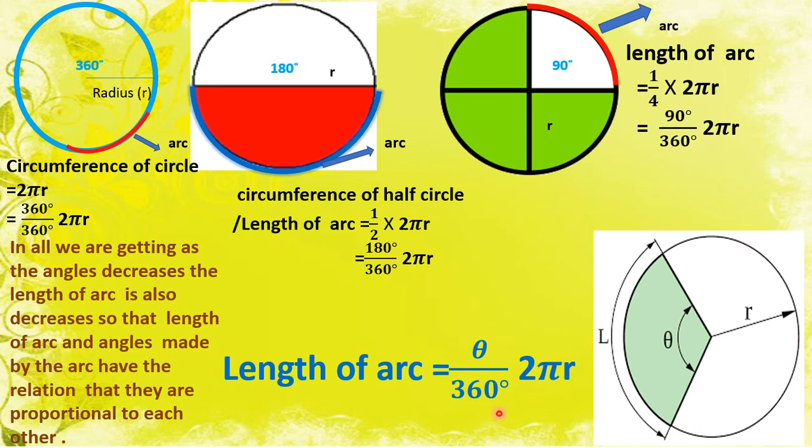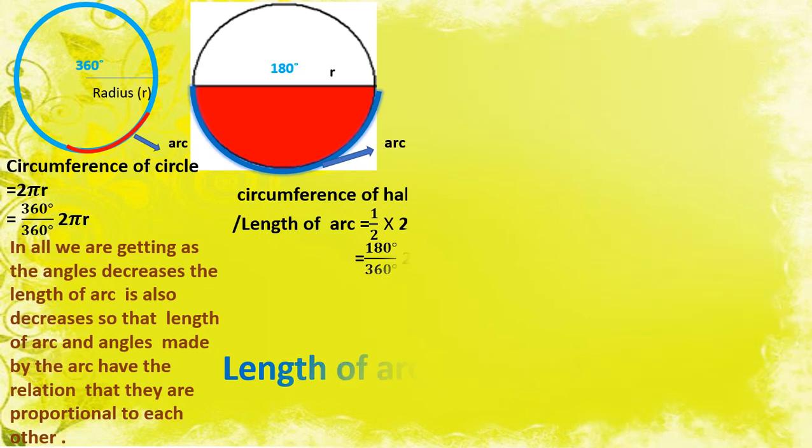Now what about the area of the segment? Let us consider BC is the chord which divides a circle into 2 parts. Each part is known as a segment. So this blue shaded part is known as the minor segment, and this white upper part of the chord CB is the major segment.